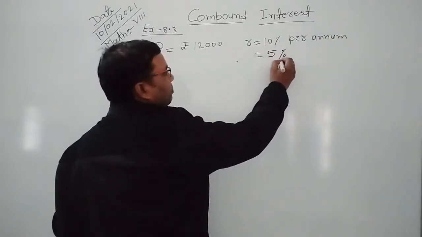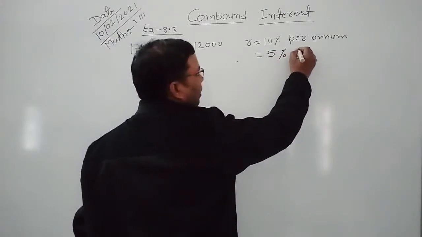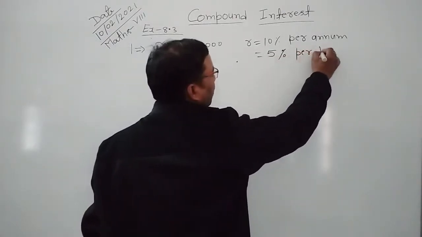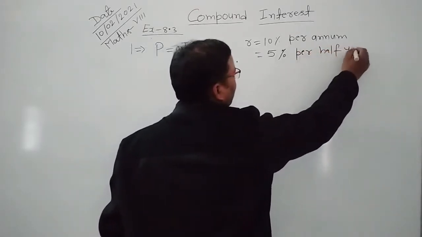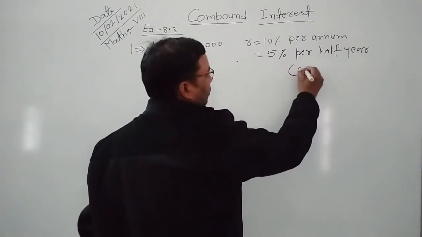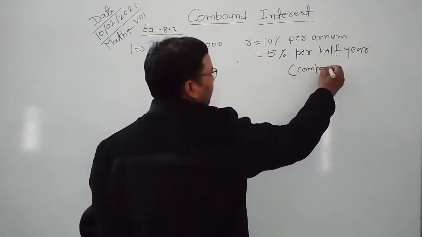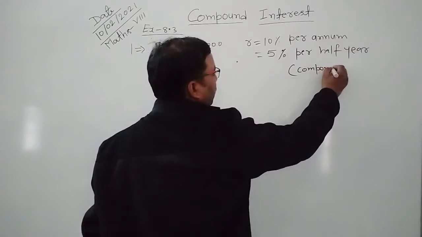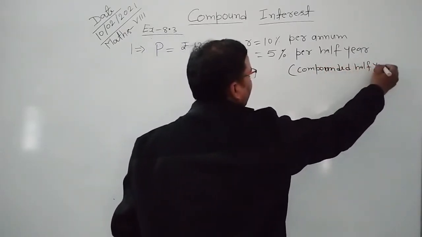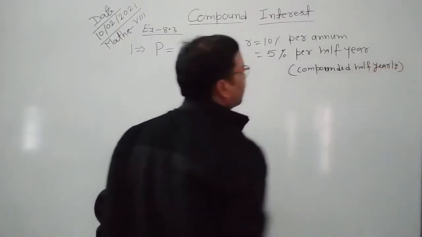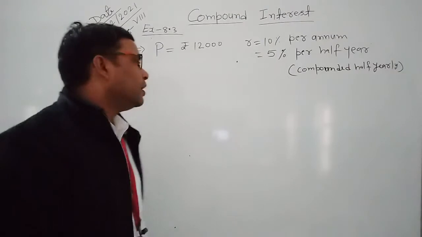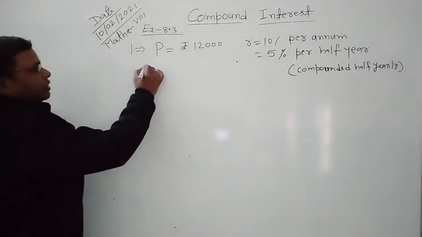So 5% per half year, compounded half yearly. Clear? Compounded half yearly. This is clear. And then here time is represented by n.